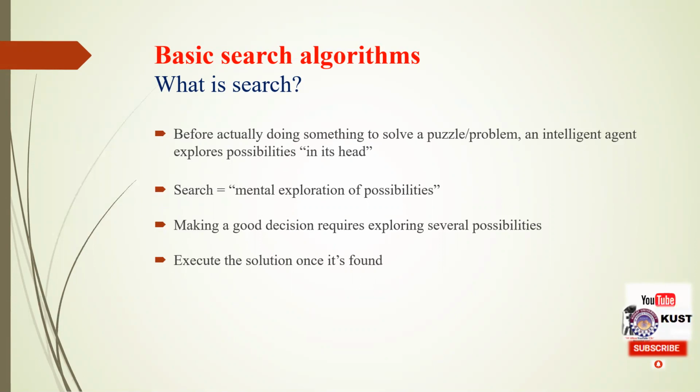Search explores knowledge alternatives to arrive at the best answers. There may be several possibilities for a single problem to reach a good decision. And when we find the solution, we execute it.